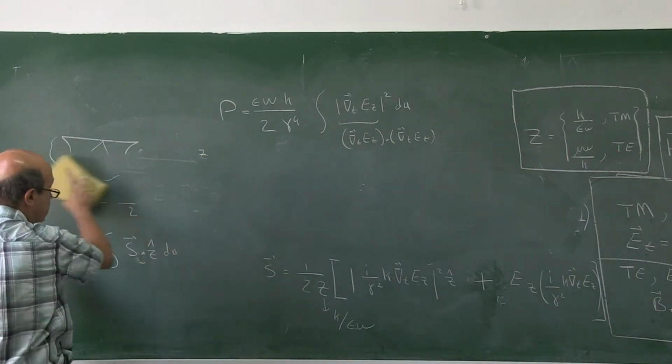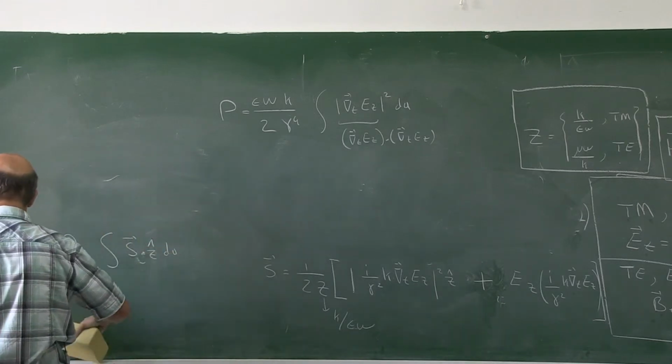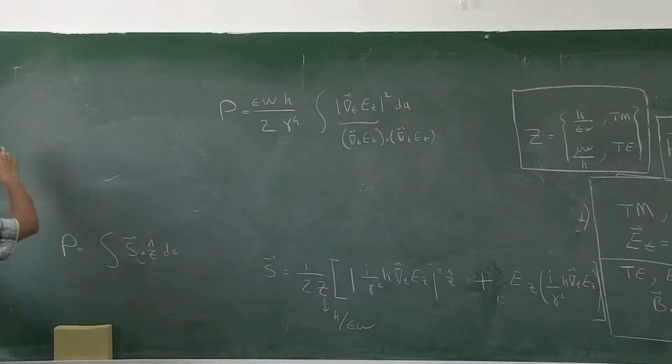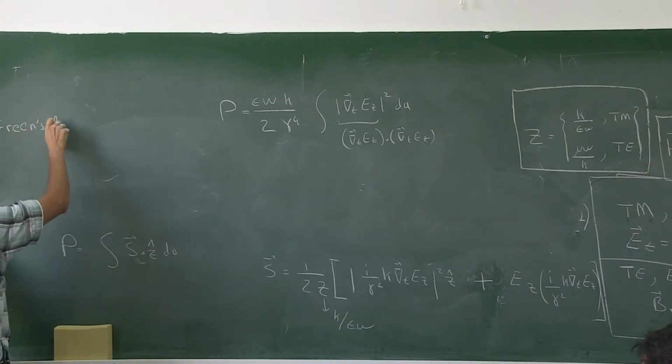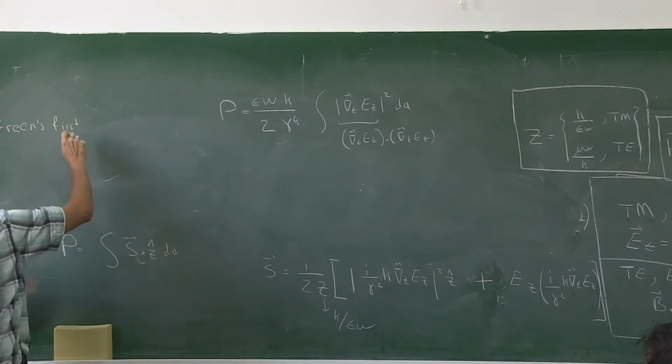So at this point, I can erase the geometry part. So remember Green's first identity.